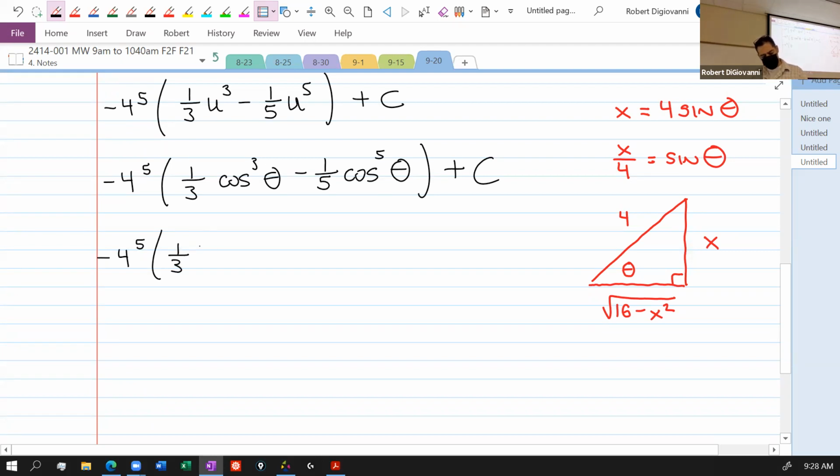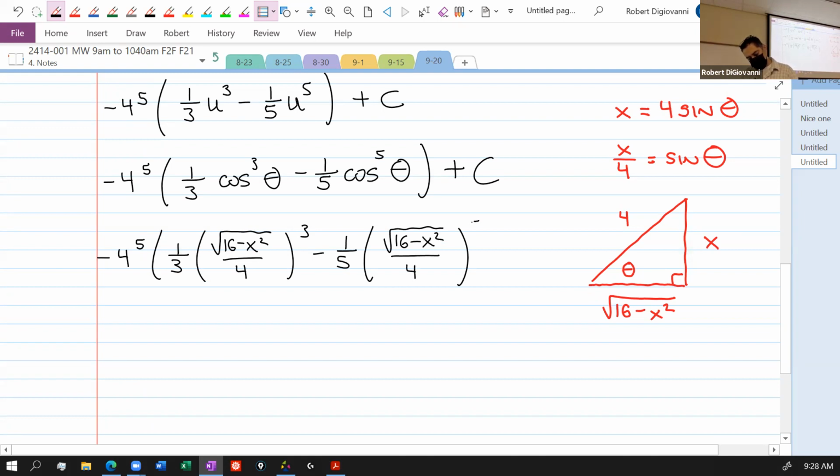Okay, so here we go. We have cosine cubed, so I'm going to write square root of 16 minus x squared over 4, all that cubed, minus 1/5 times the same thing, square root of 16 minus x squared over 4, but this time to the 5th power, all that plus c.